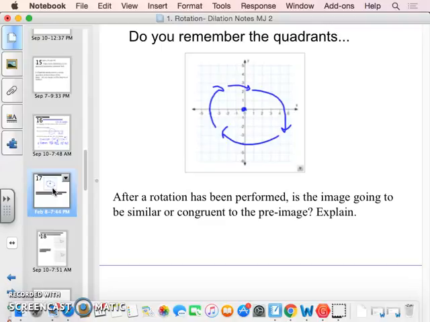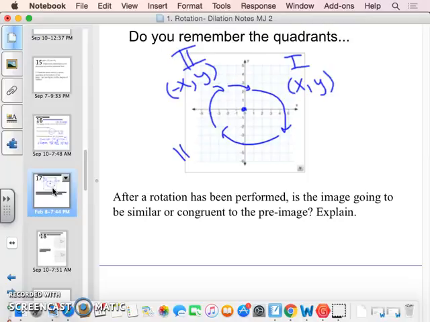So the key to remember is that in each quadrant, so this is quadrant 1, and please remember that both X and Y are positive in quadrant 1. In quadrant 2, the X coordinate is going to be negative, and the Y coordinate is going to be positive.